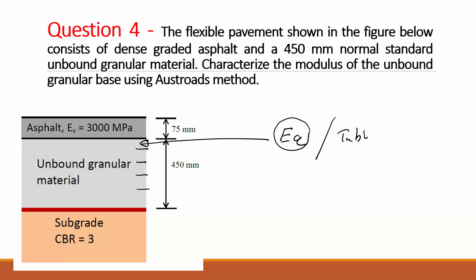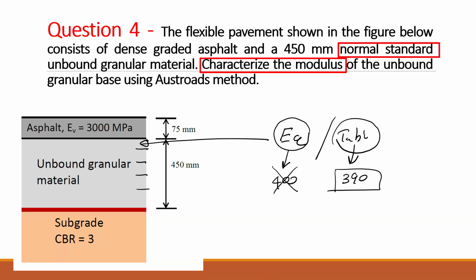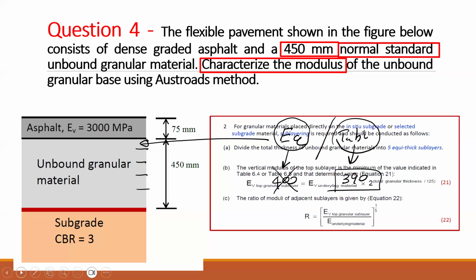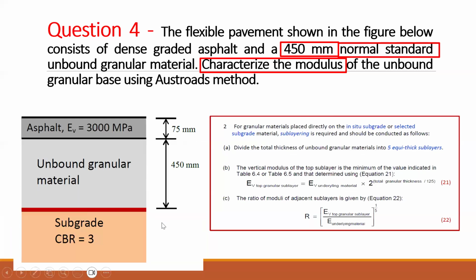When we find these two numbers, for example the equation gives 400 and the table gives 390, we ignore the higher value and go with the lower value. So we first divide into five layers, and the equation we need to use is this one.